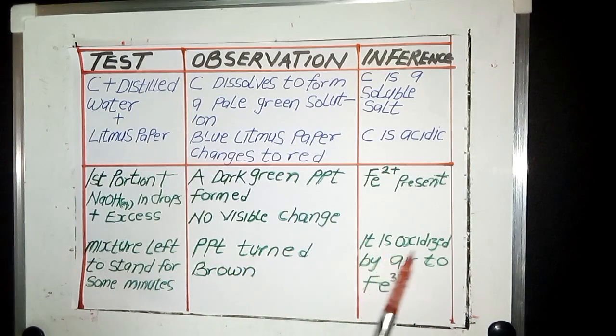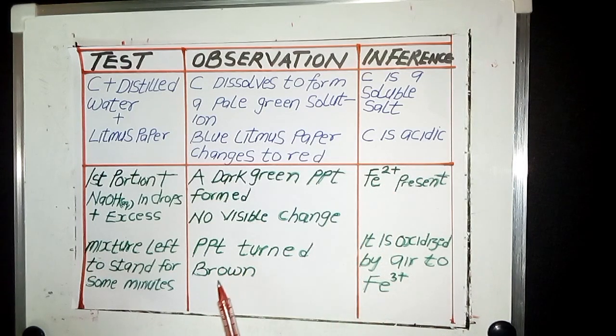It is oxidized by air to Fe3+, that means oxidized from iron 2 to iron 3. Because as you leave it in the test tube to stand for some time, the oxygen around there will oxidize iron 2 to iron 3, and so the precipitate will turn brown.